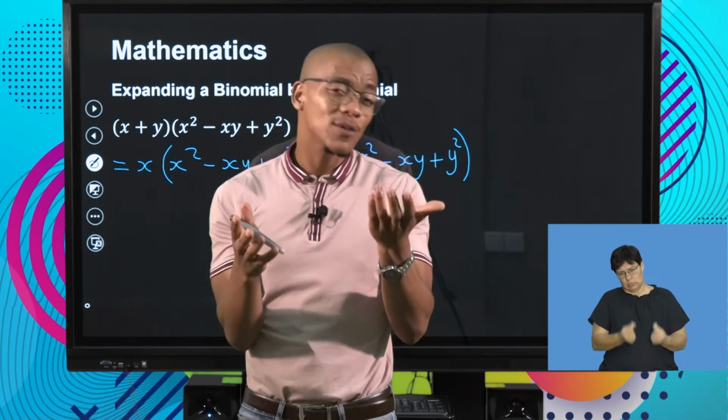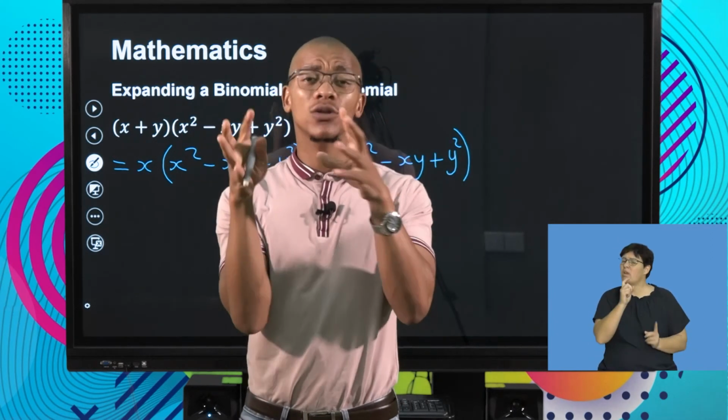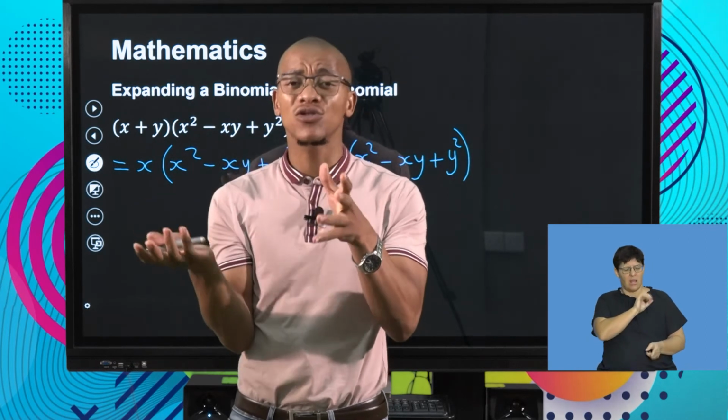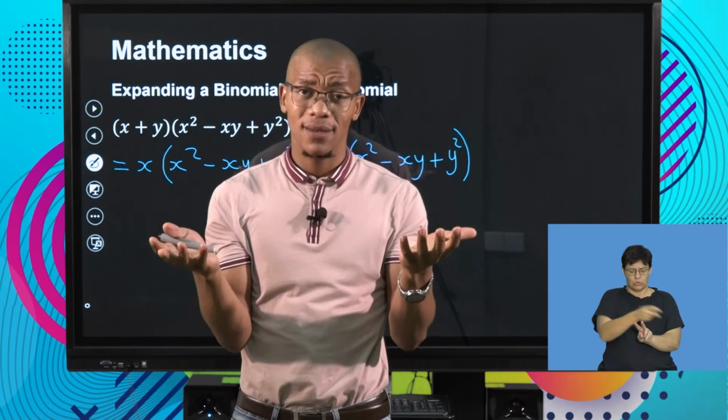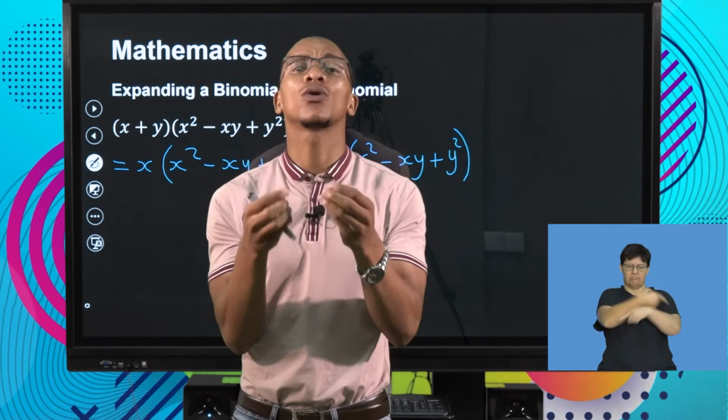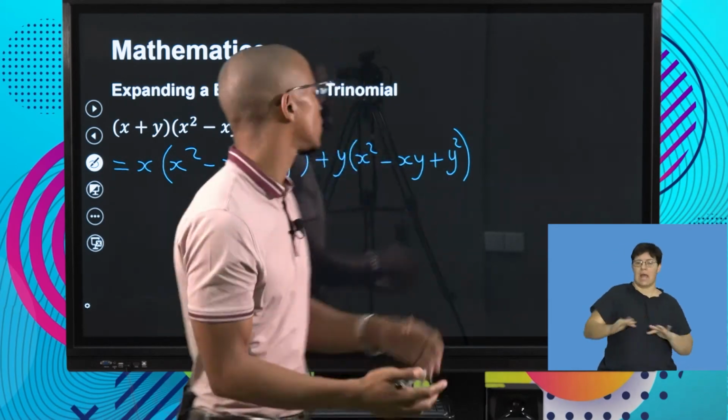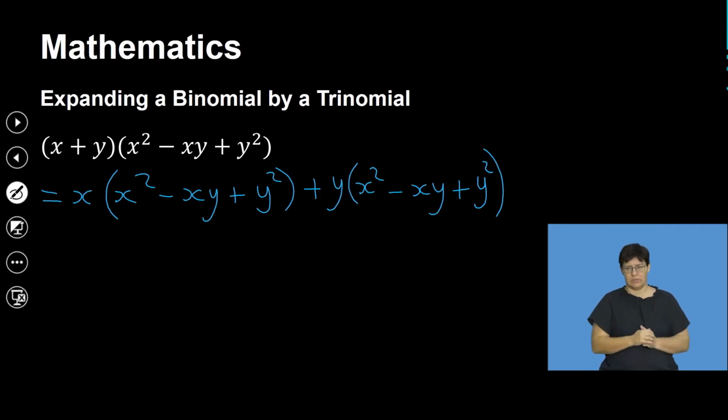So to answer the question, why not use the trinomial as the one we are distributing? You can. It depends on how you want to do it, right? So this will therefore be equal to the x multiplied by x squared will give me x cubed. X multiplied by xy will be x squared y.